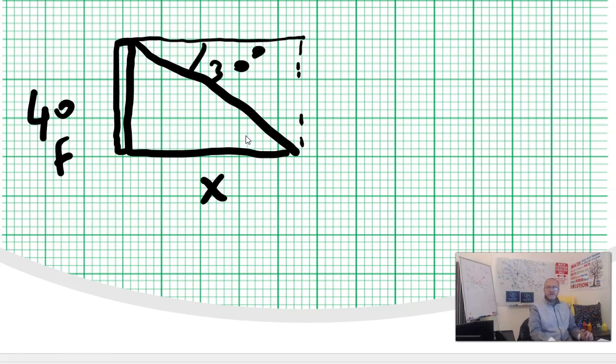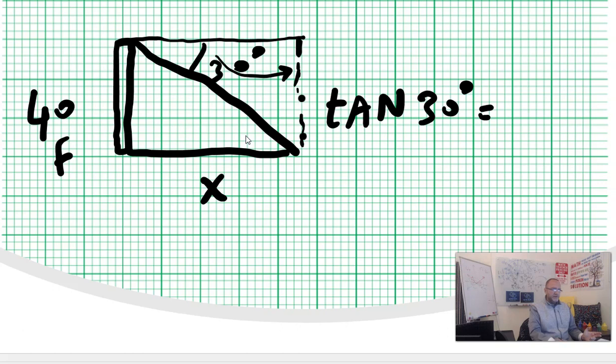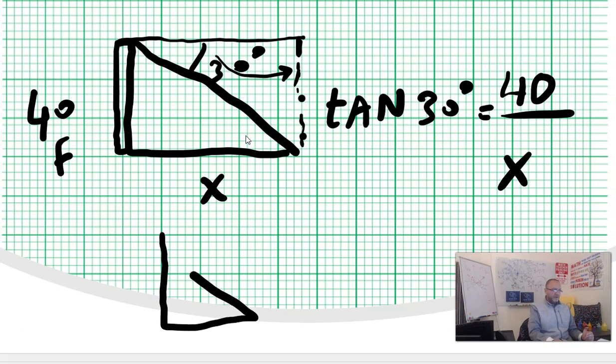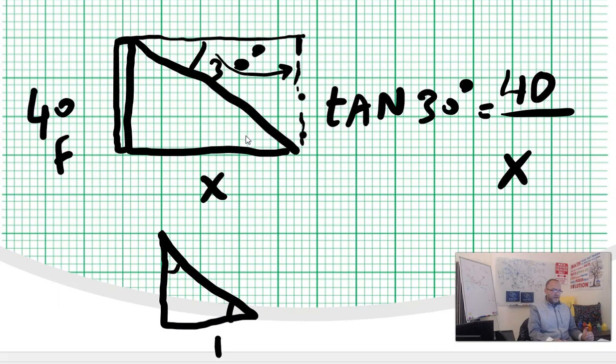You can do the tangent of the 30 degrees itself. You don't need to find the complementary. You can do tangent of 30 degrees equals what? Opposite, which is 40, because opposite of 30 is this one, is your 40, the lighthouse itself, or the reflection of the lighthouse over there, divided by your x. What's the tangent of 30 degrees? Again, I don't memorize any of that stuff. I go back to my special triangle. This is my 60, this is my 30, this is my 1, this is my 2 hypotenuse, this is my square root of 3.